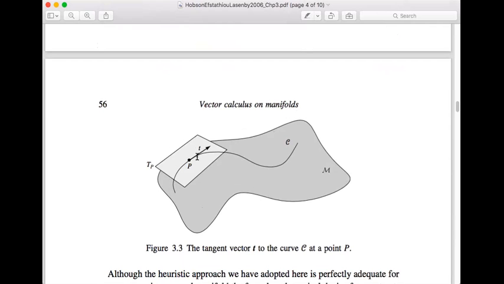And now the curve C lives in the manifold over finite distances, but it's passing through the point P, because we chose a point P along the curve, and so the tangent to that curve is a vector that will lie in this tangent plane. I think that's intuitive enough.